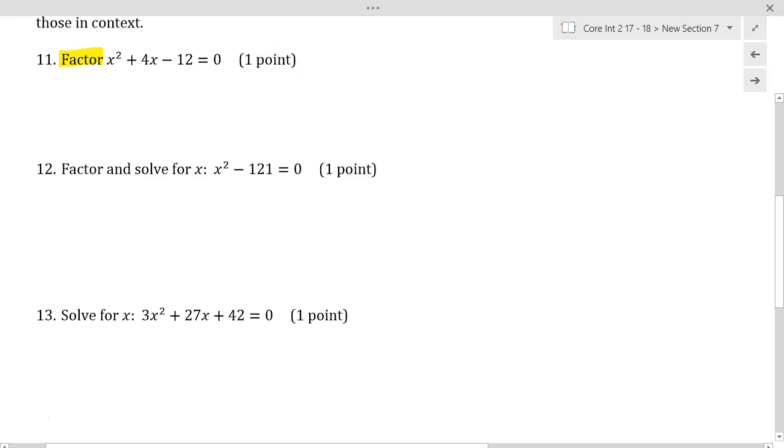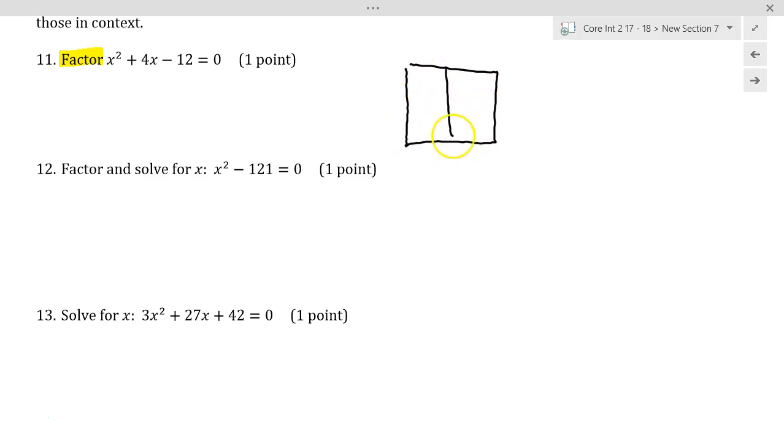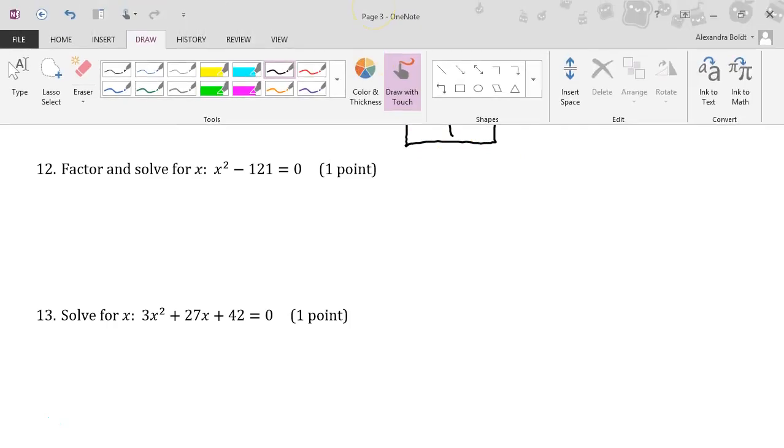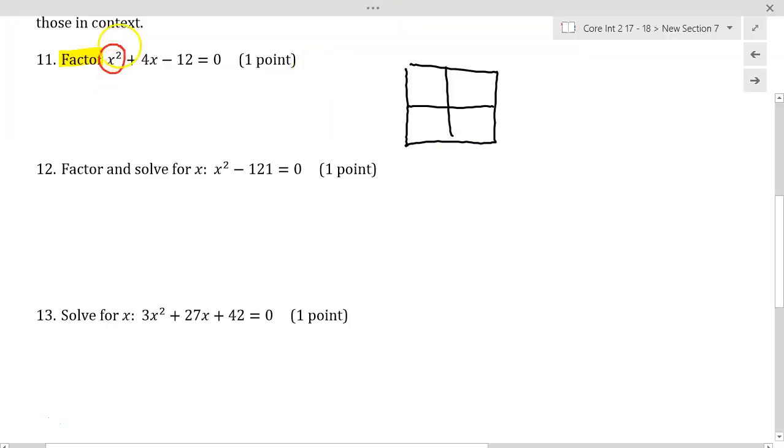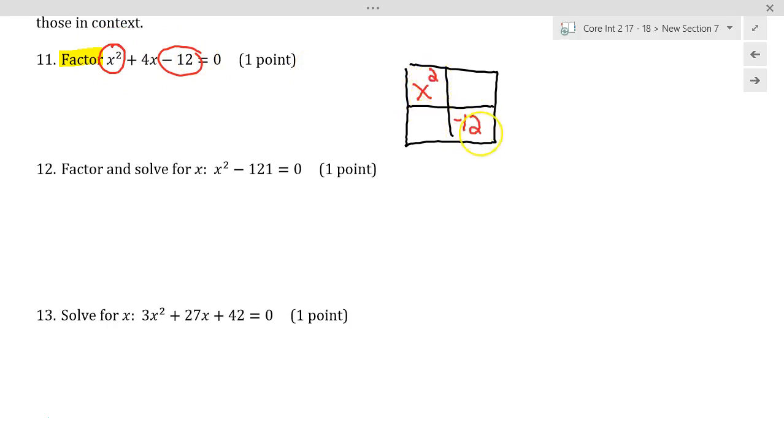Remember, with our regular factoring, all we do is draw that box, and we fill in the inside of the box first. I know x squared and I know negative 12. So I want to multiply to 1 times negative 12, which is negative 12.